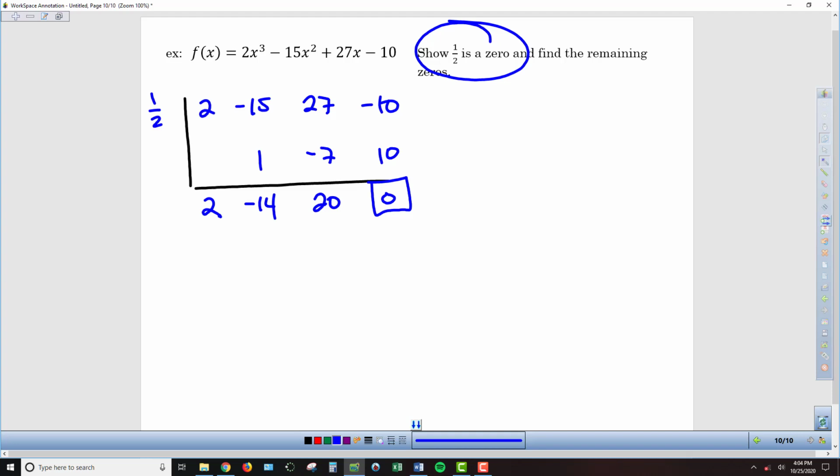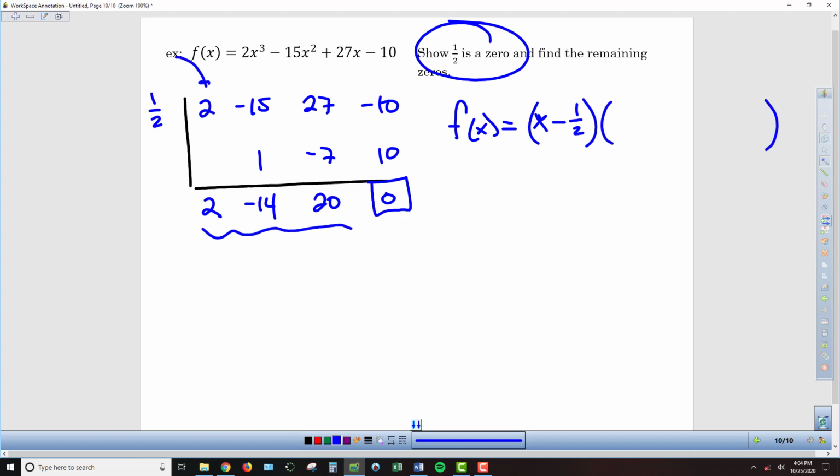So that means I can rewrite this function. Let's try that again. As f of x equals, so then the first factor is going to be x minus the 0, so x minus 1/2, times the results of my division.